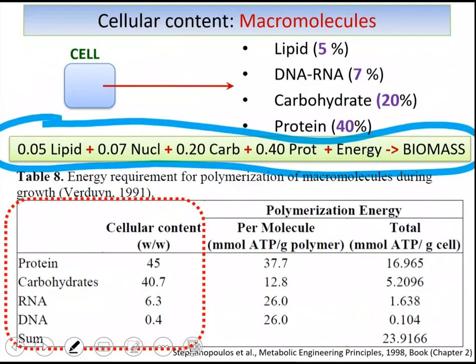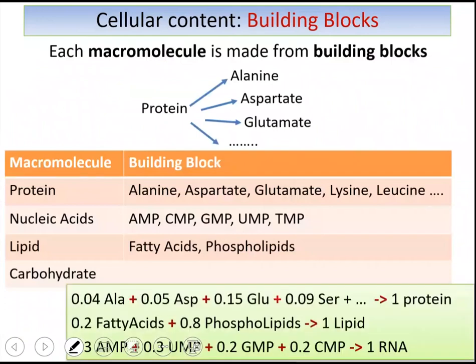Now we will write similar reactions to represent the formation of macromolecules from the building blocks. So if you isolate the protein pool from a cell, you can, by using experiments, detect the relative content of alanine, aspartate, glutamate, serine, etc. within this protein pool.